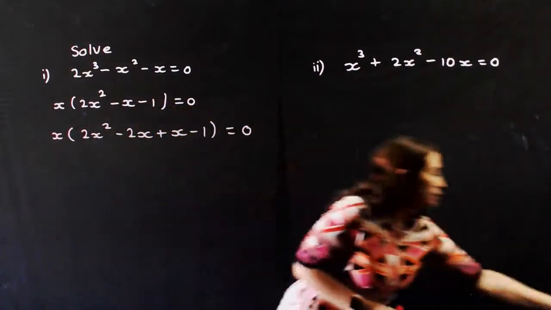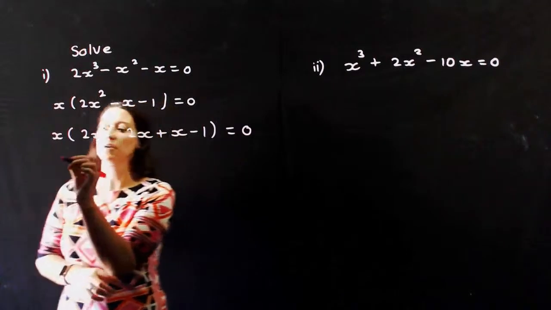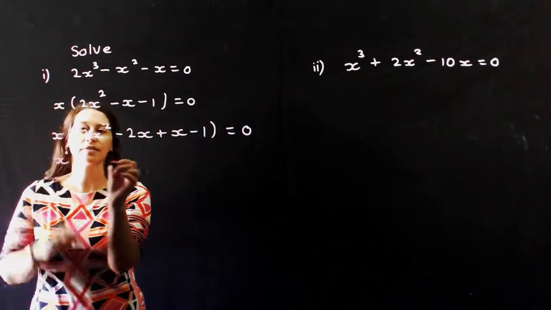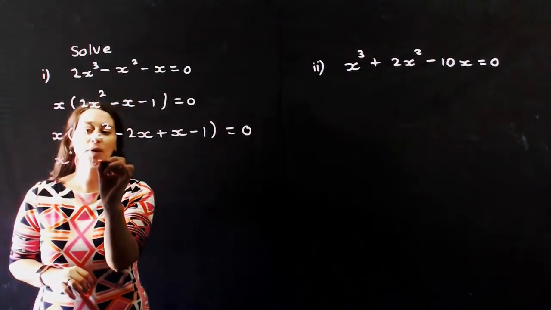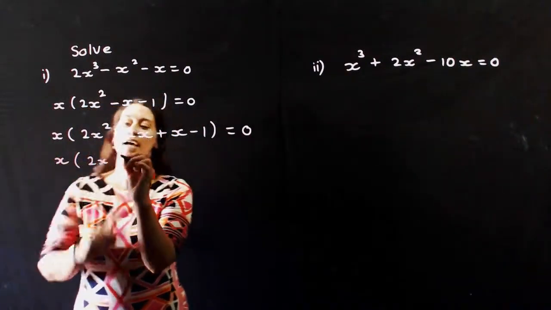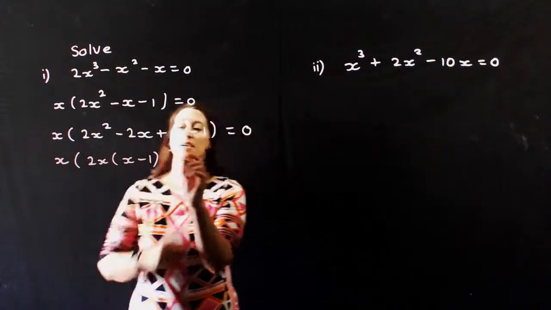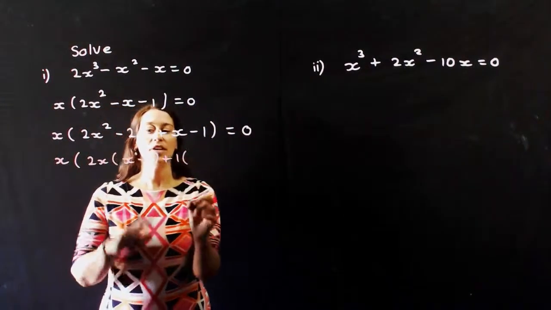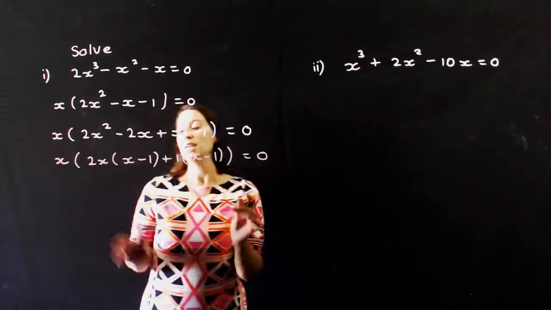Now, just focusing on this, I can factorise this by grouping. Let's look at this first pair first. I can pull out a 2x as a factor within these two, and I get x minus 1. And if I look at these two, I've got plus the 1, and then obviously x minus 1 is the factor.